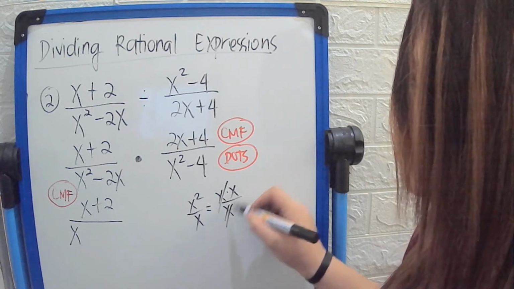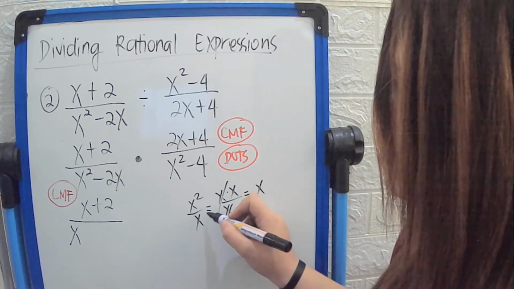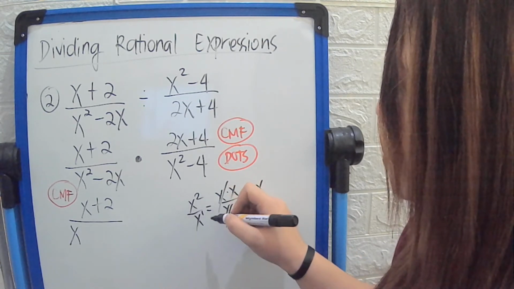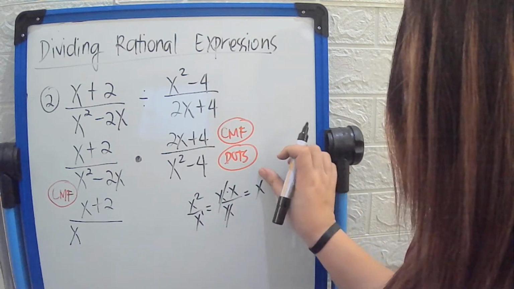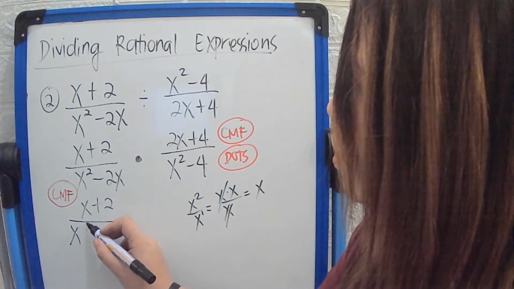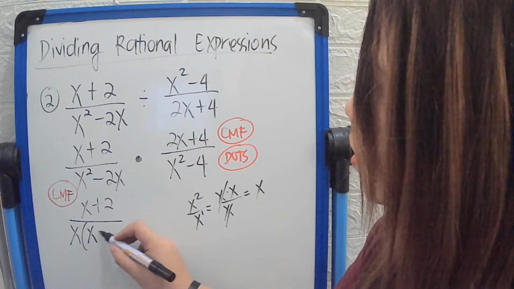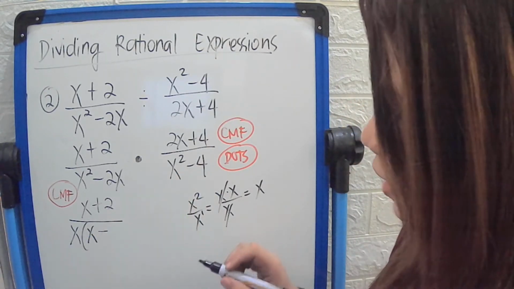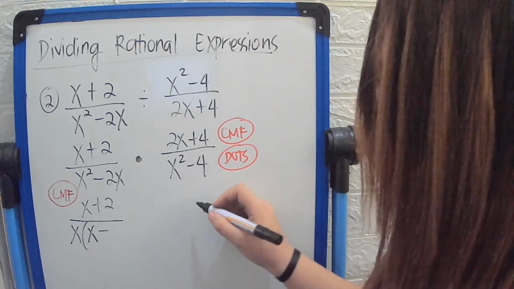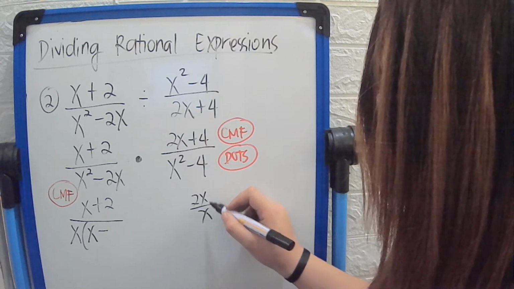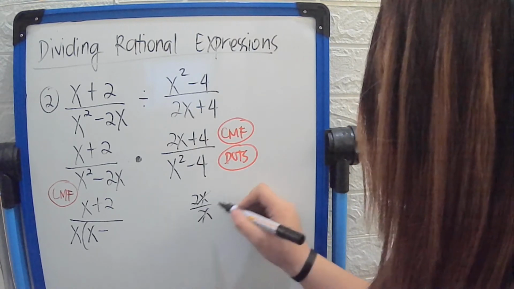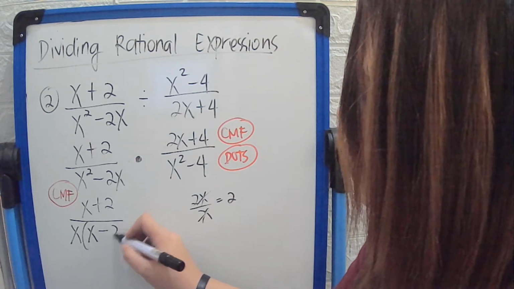So cancelled out, you will be left with x. Or you just simply subtract the exponents, x to the first, or simply x. So that will be x here, then minus 2x divided by x. So 2x divided by x cancels out x, so you're left with 2, so you put 2 here.